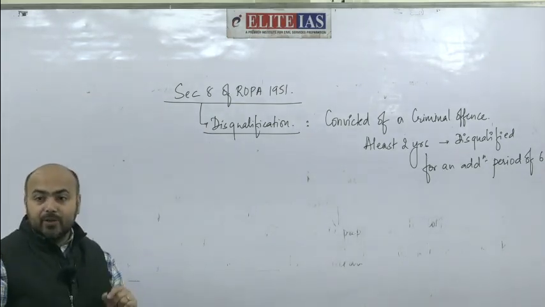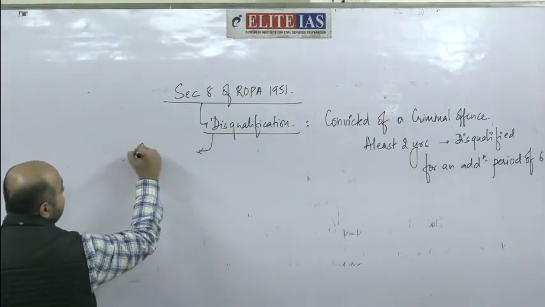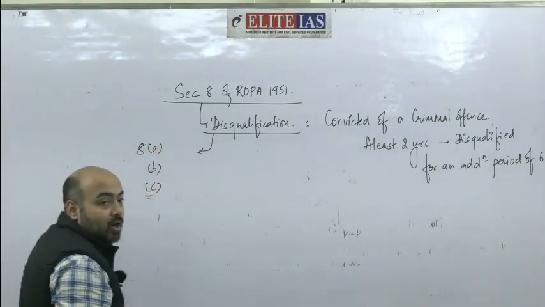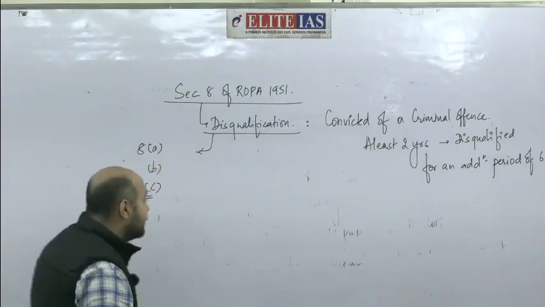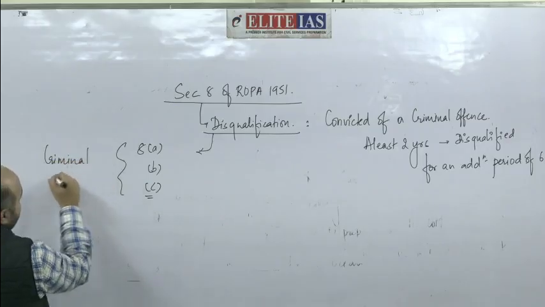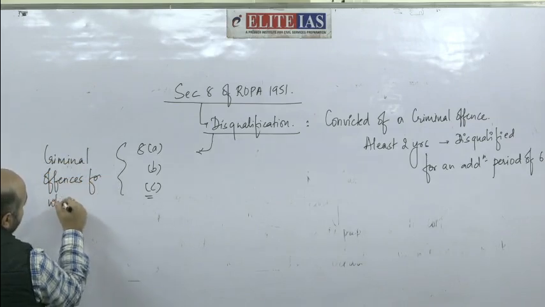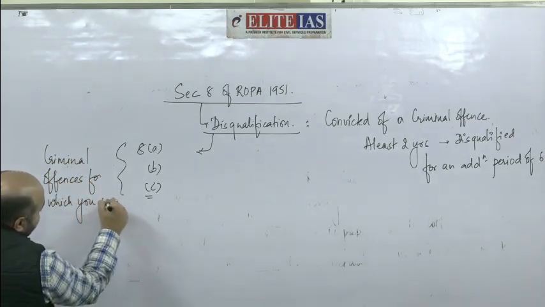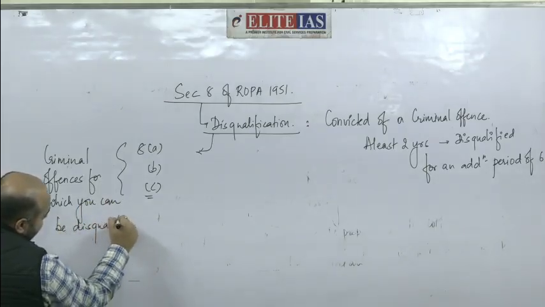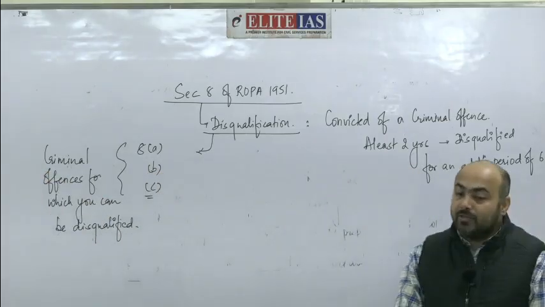And Section 8 also further details, if you look at Clause A, B and C, it deals with the criminal offences for which you can be disqualified.